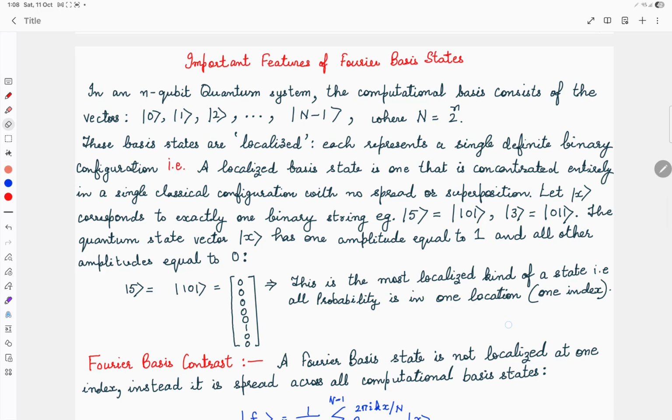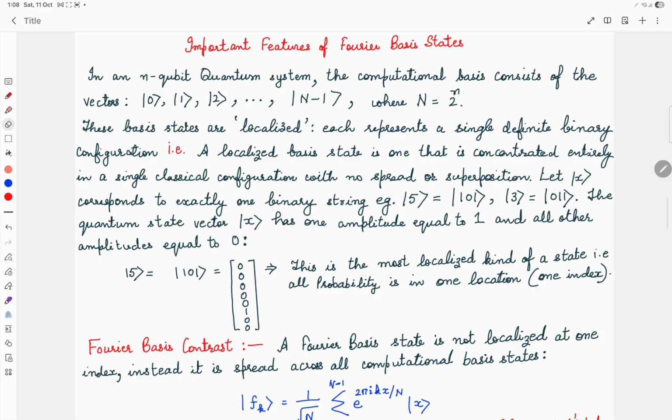So it is very important to understand this concept. In an n qubit quantum system, these are the computational basis. I hope you now understand what I mean by the computational basis, what I mean by the Fourier basis, and how we get the Fourier basis from the computational basis.